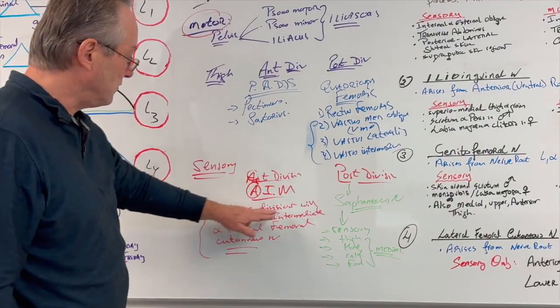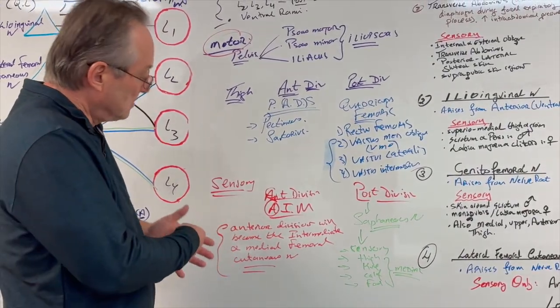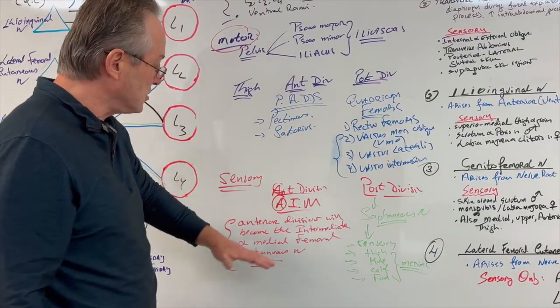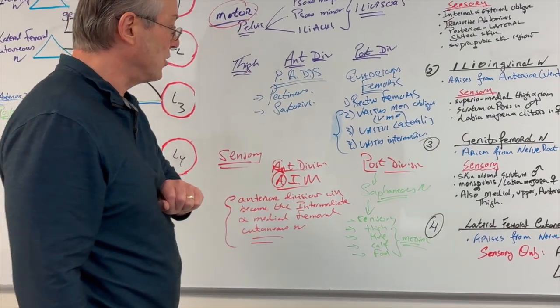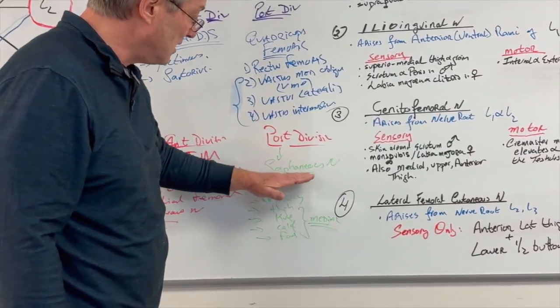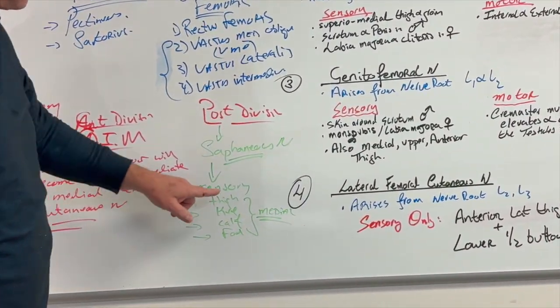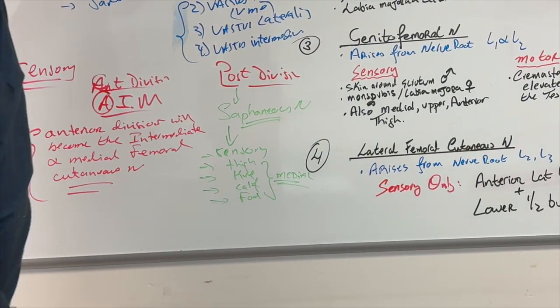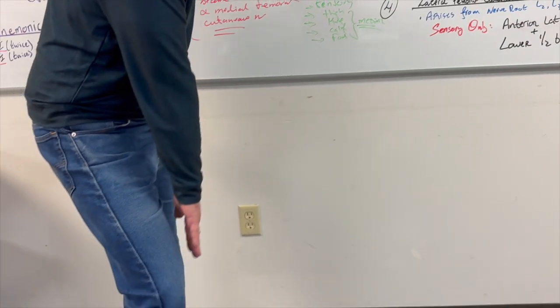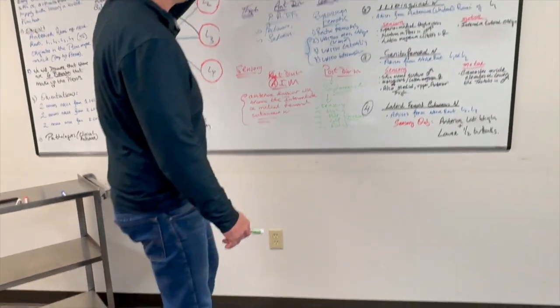Sensory, anterior division will become, what arises from the anterior division is the intermediate and medial femoral cutaneous nerve. Posterior division, the saphenous nerve, which is sensory to the medial thigh, medial knee, calf, and foot.